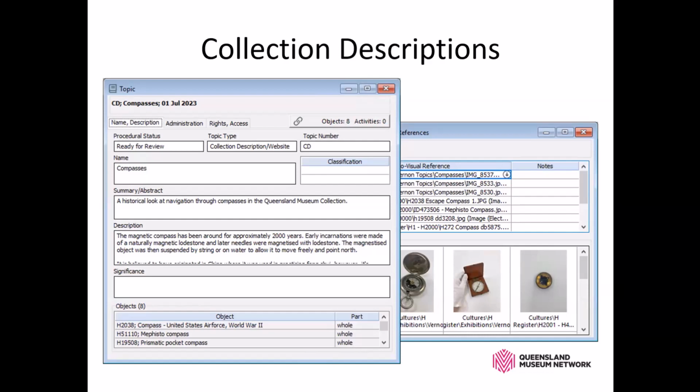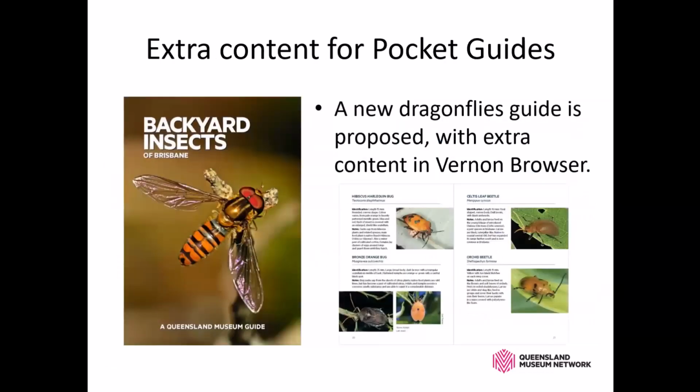And the other thing that we're quite interested in is a new pocket guide that will be coming out hopefully sometime this year. It's a work in progress, and it'll be something like this one you see here for backyard insects of Brisbane, but instead it'll be a guide to dragonflies and damselflies of Queensland. Chris Burwell, who's working on this pocket guide with our editor, Bronwyn, is particularly interested in the fact that Vernon Browser can support all sorts of interesting additional data that we can't cram into the pocket guide, because obviously we want it to fit in people's pockets.